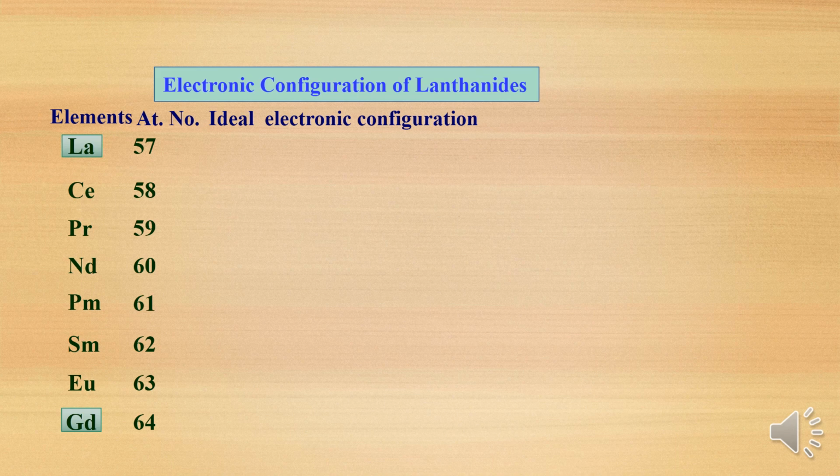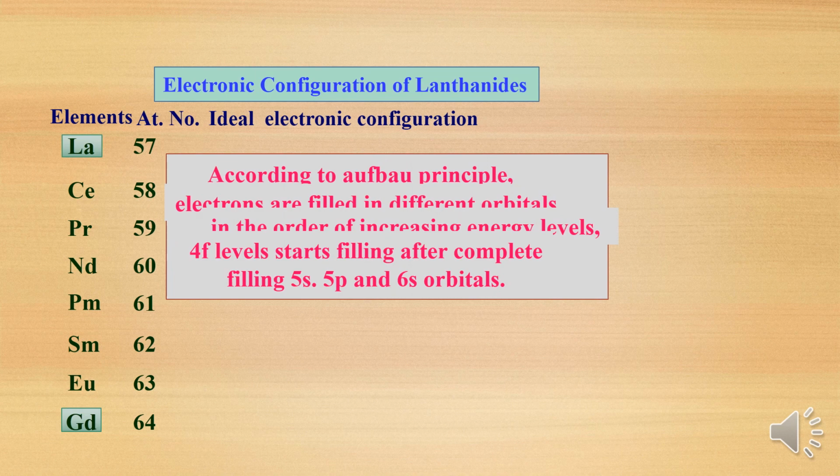This ideal electronic configuration is written according to the increasing order of energy, following the above principle. According to this principle, electrons are filled in different orbitals in order of increasing energy levels. So the 4f level starts filling after completion of 5s, 5p and 6s.